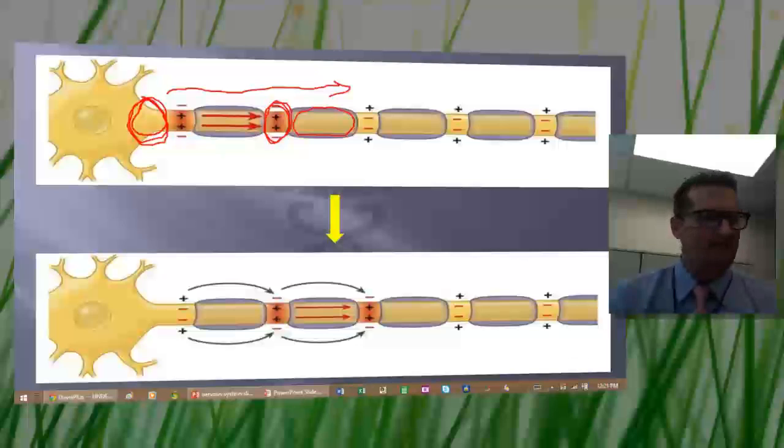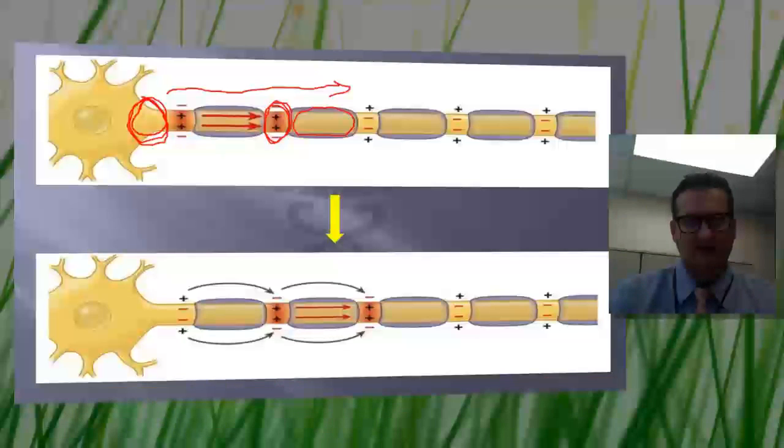So to reiterate, electrical changes occur only at the nodes of Ranvier here. The electrical current flows under the myelin here until it reaches a node.